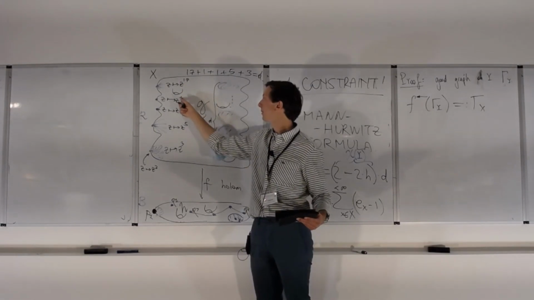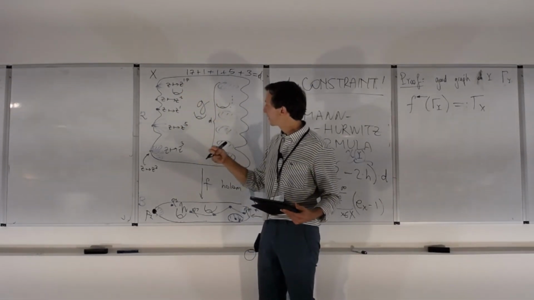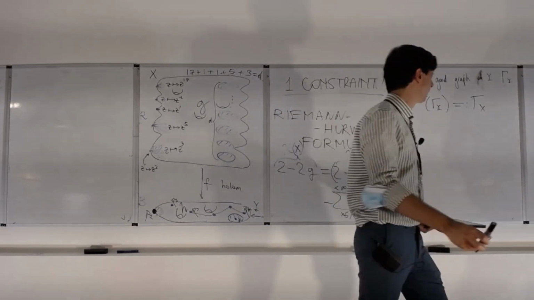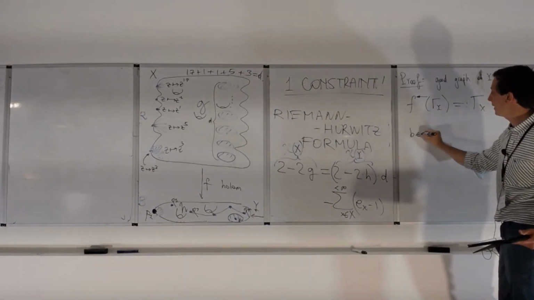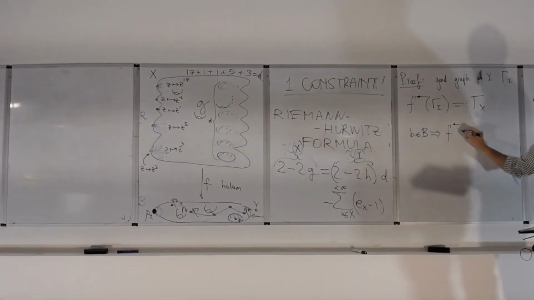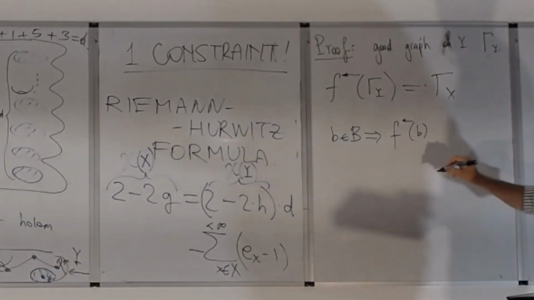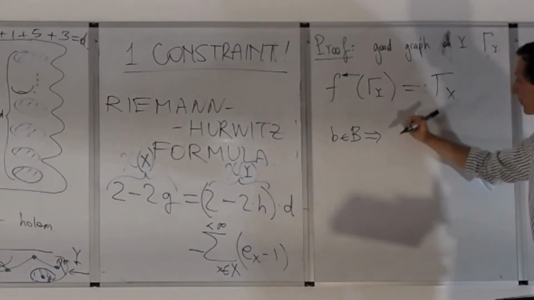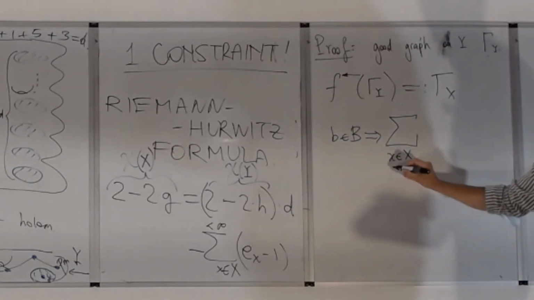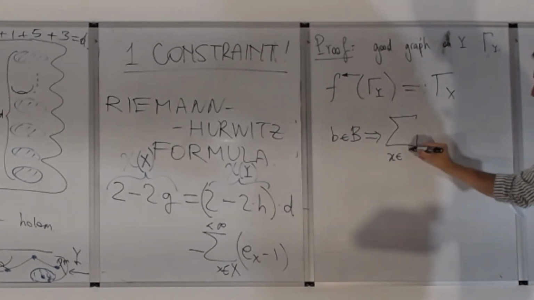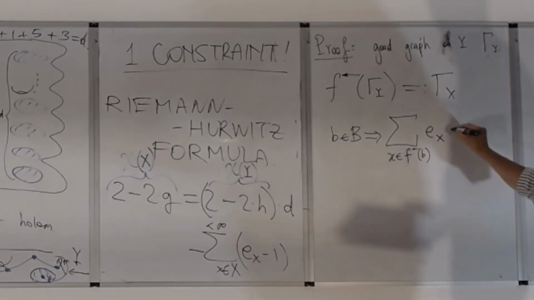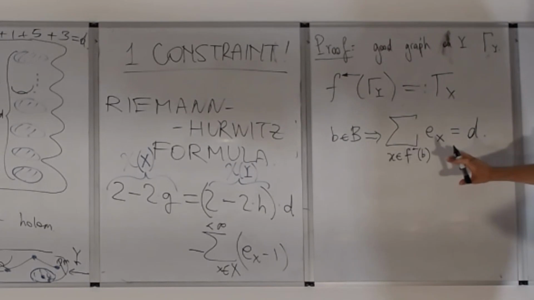If I sum up all these interesting points, where things happen, if I sum up all these exponents, it should be D. So if you have any b in B, and then you look at the pre-image of b by f, I want to write that the sum over all points x in the pre-image of b by f of e_x is D. That's exactly what we've been saying so far.